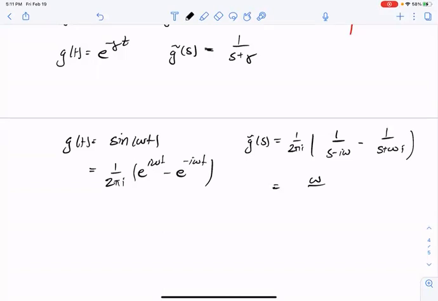Finding a common fraction, multiplying top and bottom by the complex conjugate, I get omega over s squared plus omega squared.